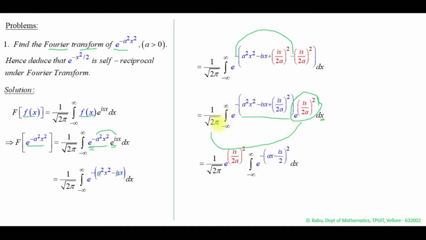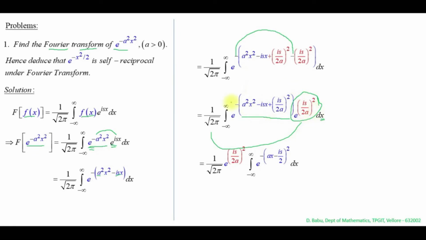So 1 divided by square root of 2 pi. It is independent of x, therefore it is a constant, so we take it outside, minus infinity to plus infinity. So these three terms can be written as ax minus is by 2a whole square. If you expand this, that is a square minus 2ab plus b square, we have these three terms.